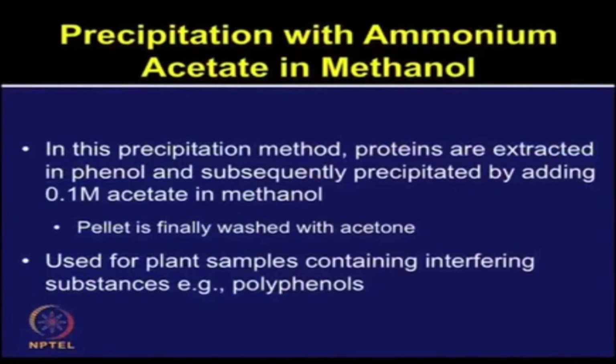So, by using this precipitation, proteins are extracted in phenol and subsequently precipitated by addition of 0.1 molar ammonium acetate in methanol. The pellet can be finally washed by adding acetone. As I mentioned, this is a less commonly used method, and for some specific applications, people try different types of precipitation and washing steps.